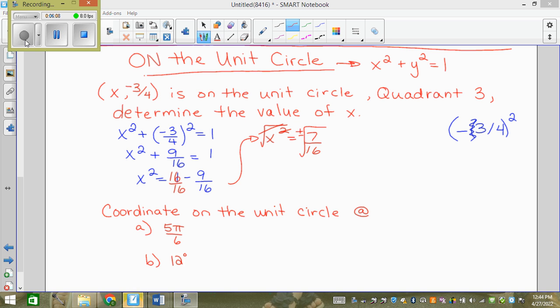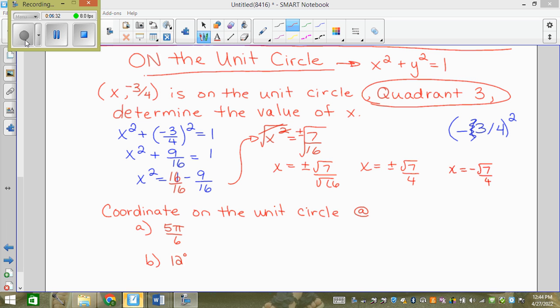So whenever one of either the numerator or the denominator is a perfect square, we will split the radical up. Okay? So we're going to have x equals plus or minus root 7 over root 16, which is actually plus or minus root 7 over 4. And we know in quadrant 3, what's our x? X is our what in quadrant 3? Negative. And there's our answer.